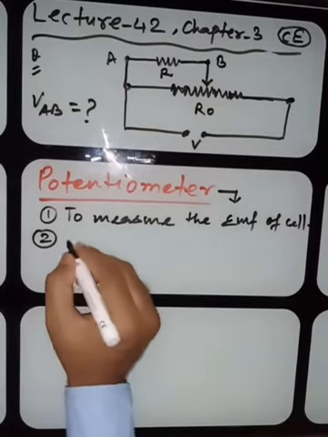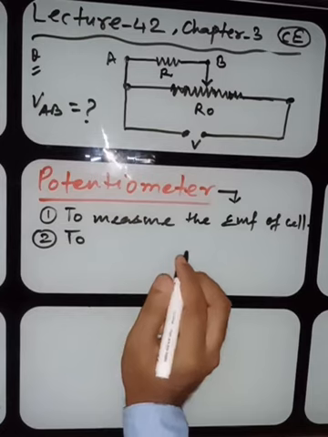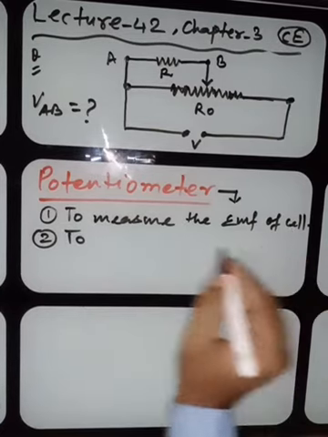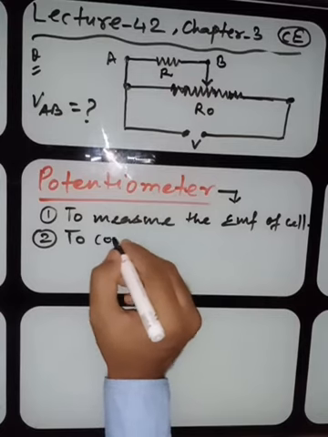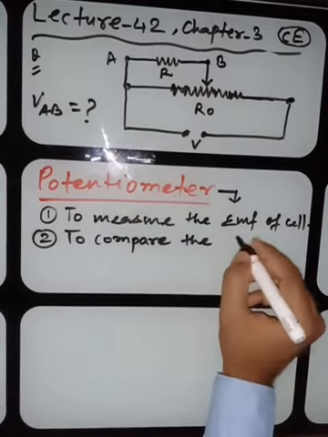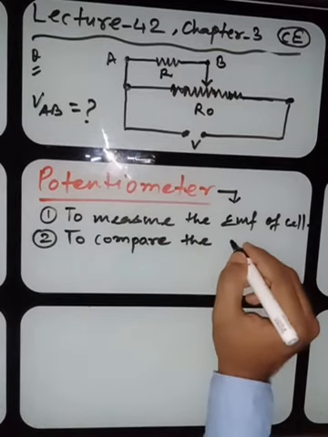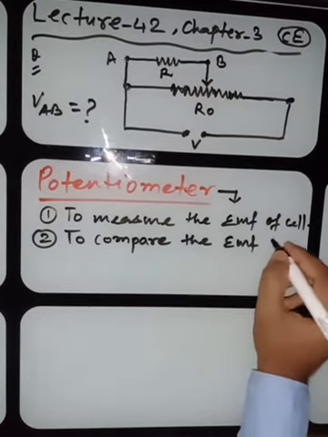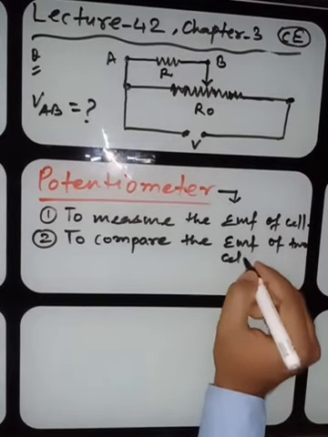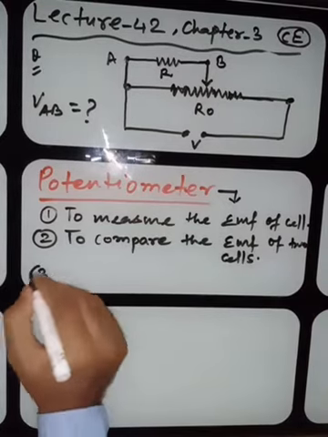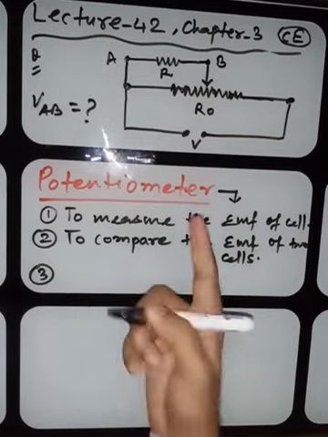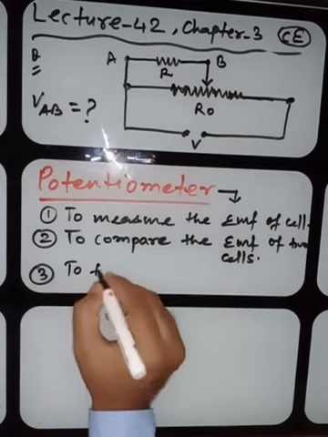The second, which will be mentioned in your NCERT and will also be very important, is to compare the EMF of two cells. And the third one is to find the internal resistance.